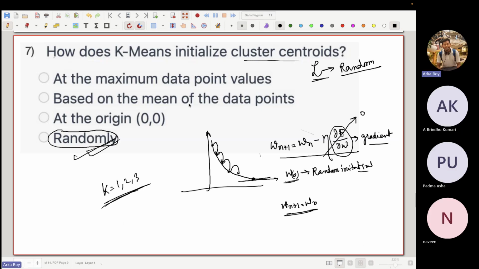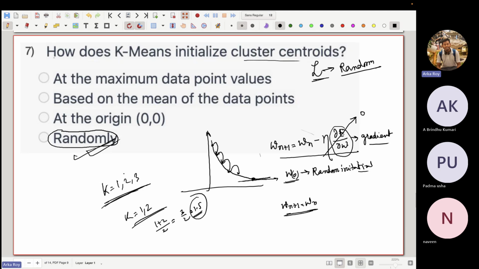Then, based on the mean of the data points: the mean of the data points will not ensure that the label is an integer. For example, let's say you have to create two clusters, so K ranges from 1 to 2. The mean of the data points would be 1 plus 2 divided by 2, so 3 by 2, which is 1.5.